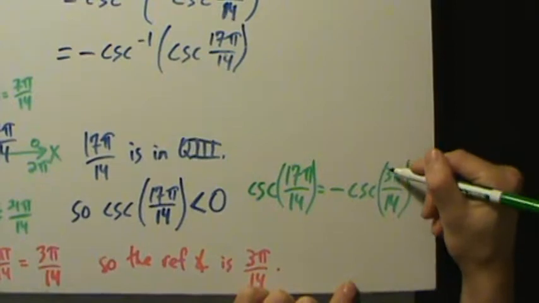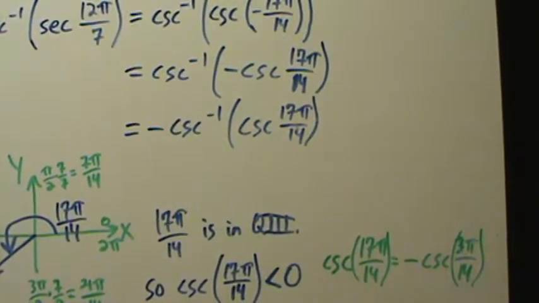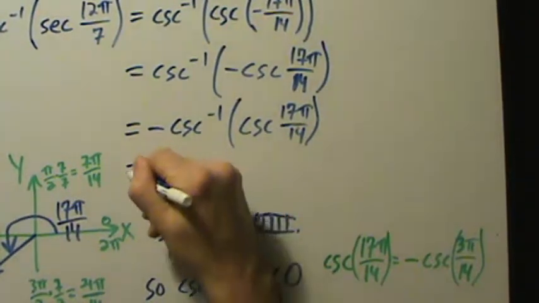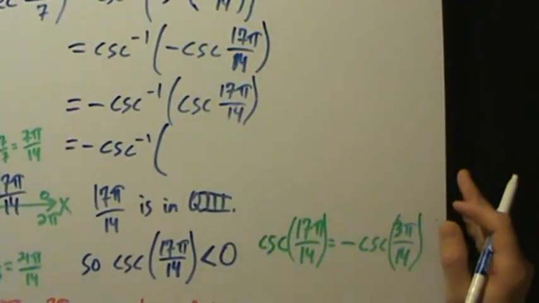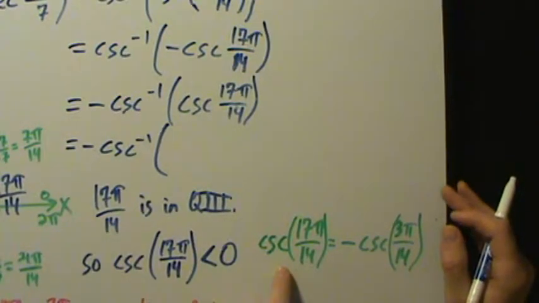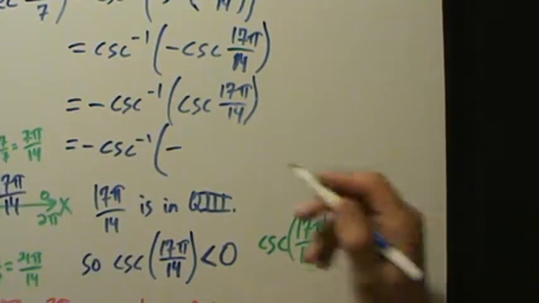Now we just plug it back in. So coming back up to here, this is negative cosecant inverse of what? We just found out that cosecant of 17 pi over 14 exactly equals negative cosecant of 3 pi over 14.